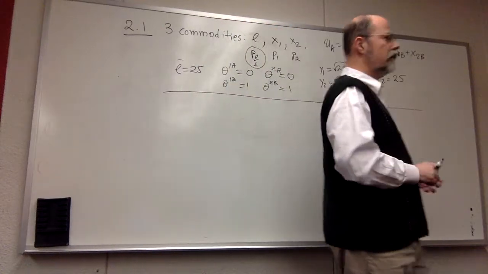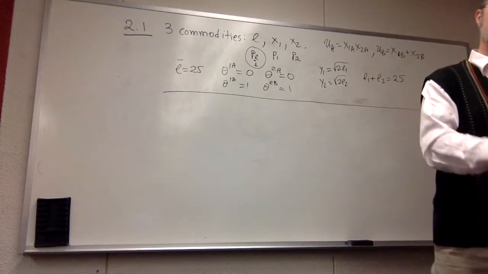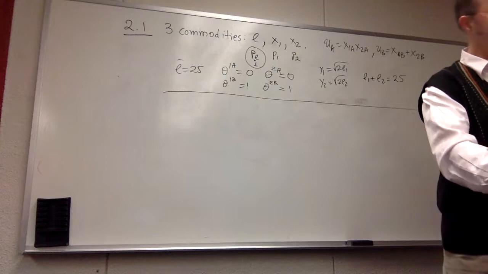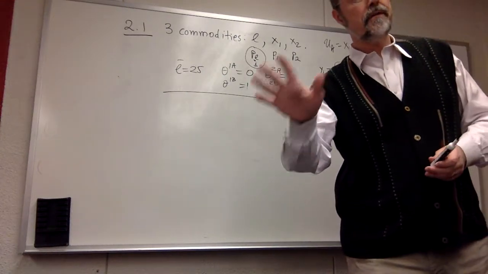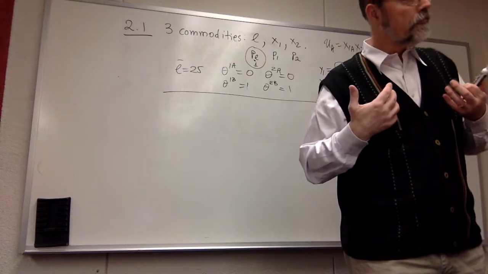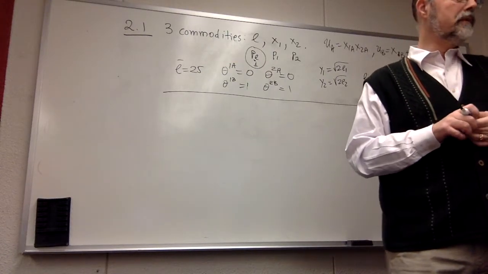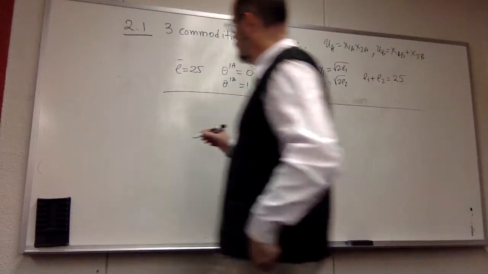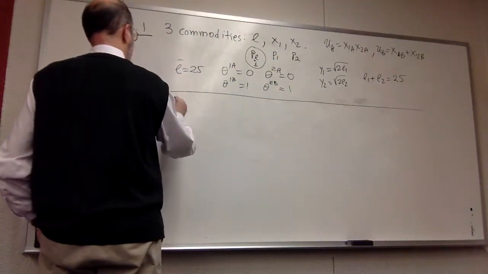So therefore, find the optimal profit first. Then you're going to put it in the budget constraint of person B, who is the one who actually receives the profits. And then you can finally do demands. So profits first. So profit max.